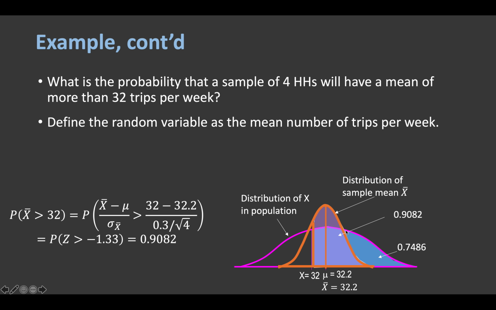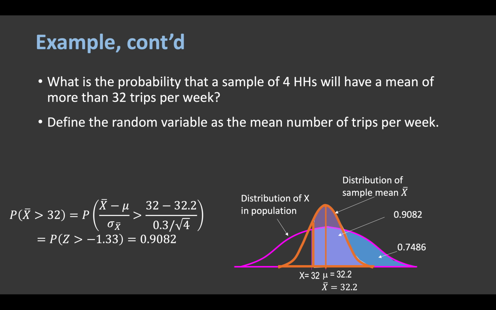They are both normally distributed. Their means are the same, but you can see that the standard deviation is quite different. The variance is quite different. And of course, that's why the probabilities we calculated here are quite different as well.